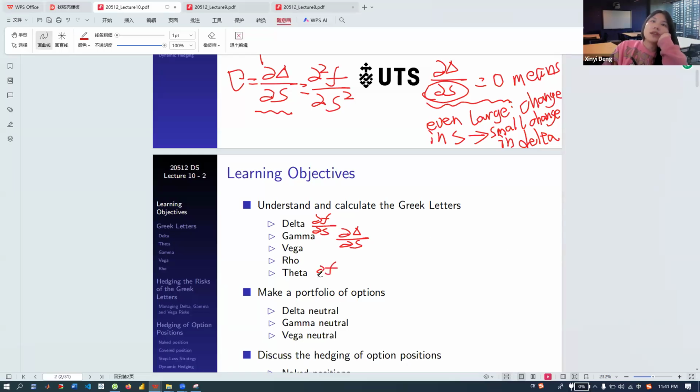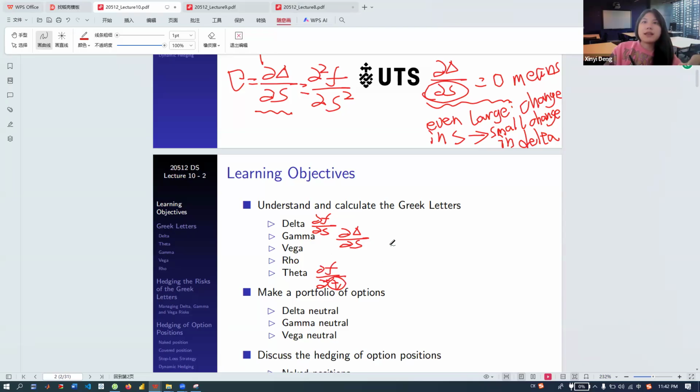Note that here we're not taking a derivative with respect to the capitalized T, which represents time to maturity. Here we are taking the first order derivative with respect to the lower case t. Therefore, we are taking the derivative with respect to the passage of time.